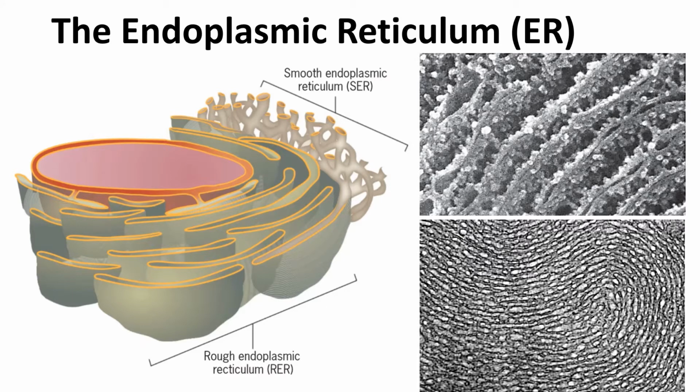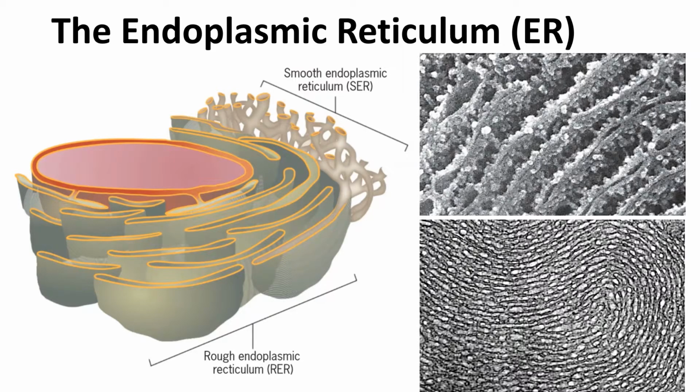The name itself means endo, meaning inside the plasma membrane or in the cytoplasm, endoplasmic, and reticula meaning reticulated, sort of like wavy, curved, like a snake, and heavily folded.